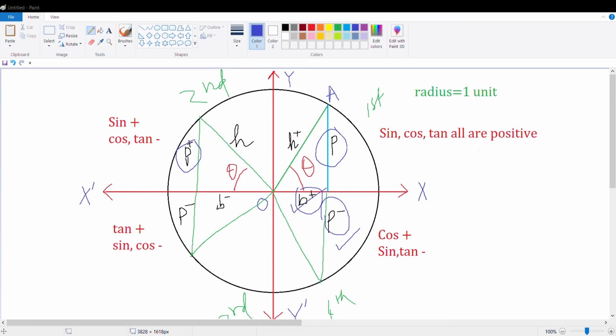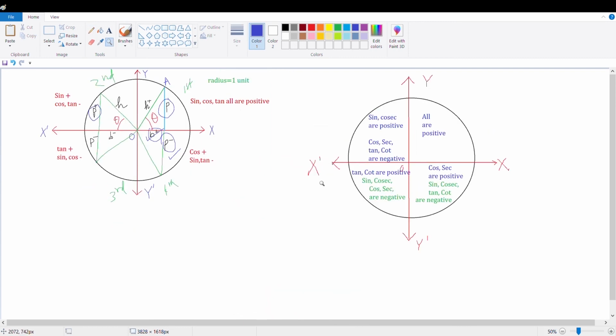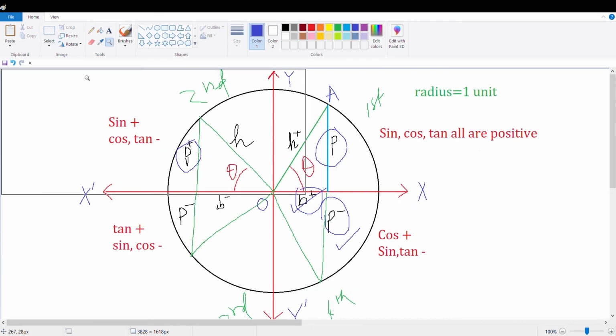Okay, so I am talking about all the positive values and all the negative values. What are these values actually?